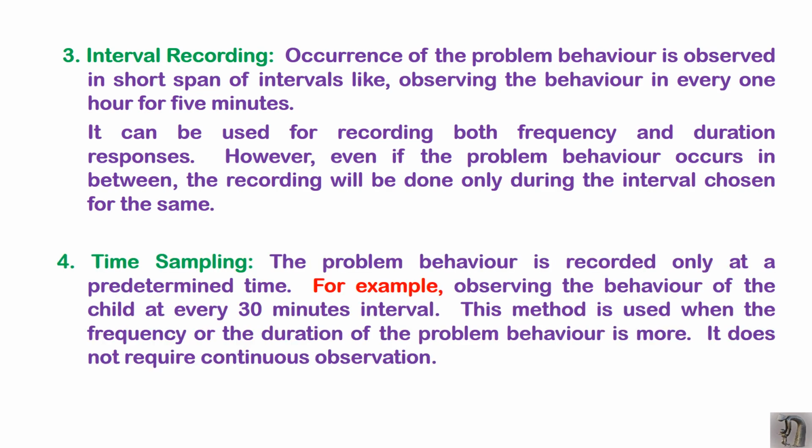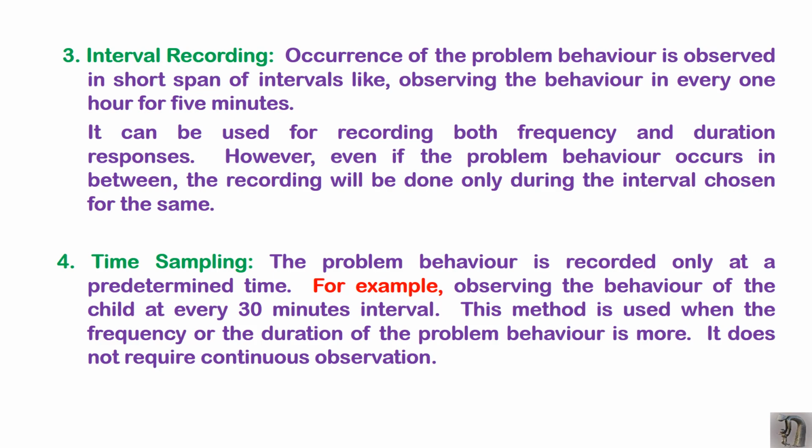And then time sampling. Here the problem behavior is recorded only at a predetermined time that you have selected. For example, observing the behavior of the child at every 30 minutes. This method is used when the frequency or duration of the undesirable behavior is very severe, and it does not require continuous observation.